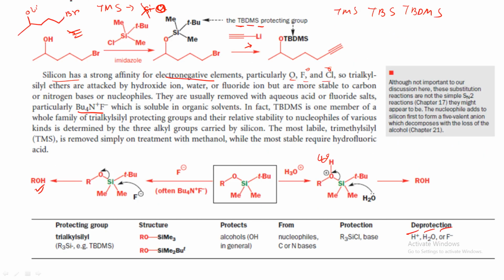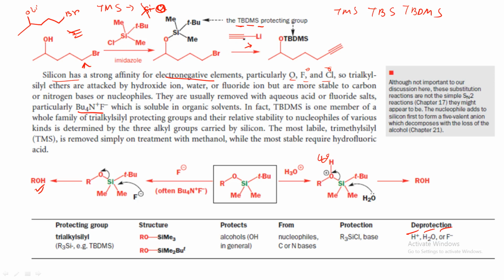So the protection chemistry: let's say we have this kind of alcohol and bromine, and we only want to do a substitution reaction over this.